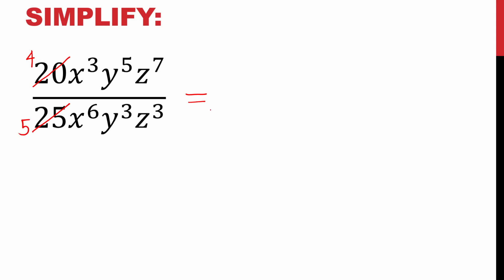Take note, I'll be writing the number 4 above and the number 5 below. Where the number was, that's where you write it. Don't move the numerator to the denominator, or the other way around. That's wrong.